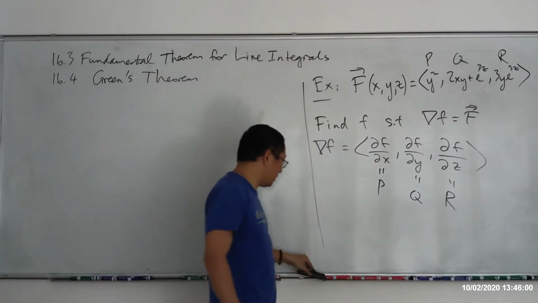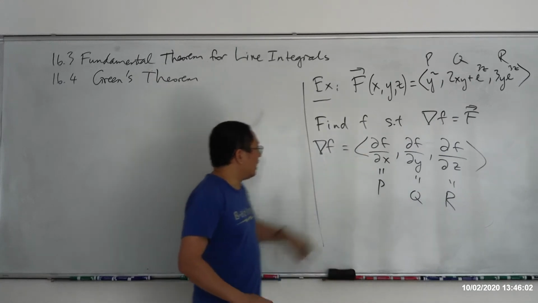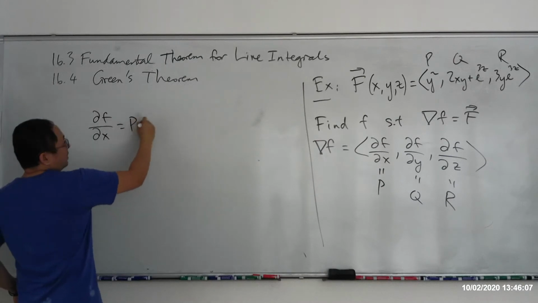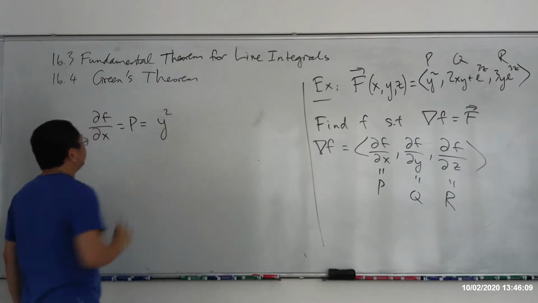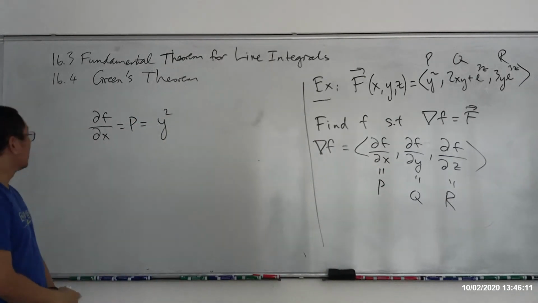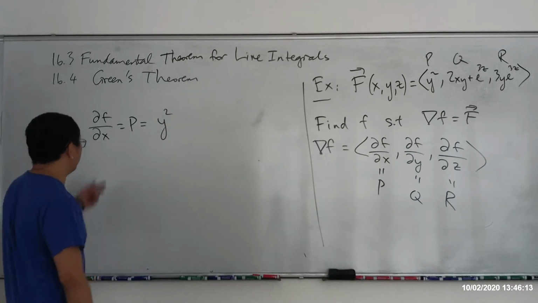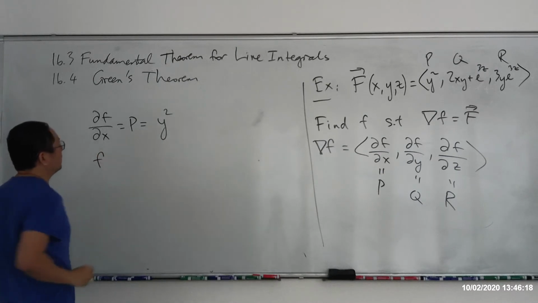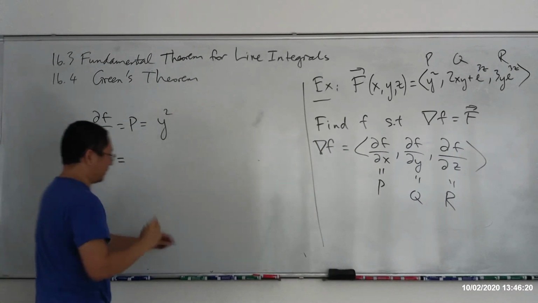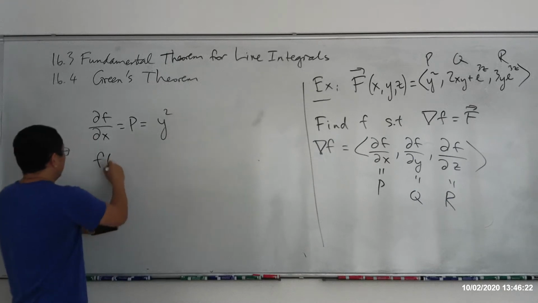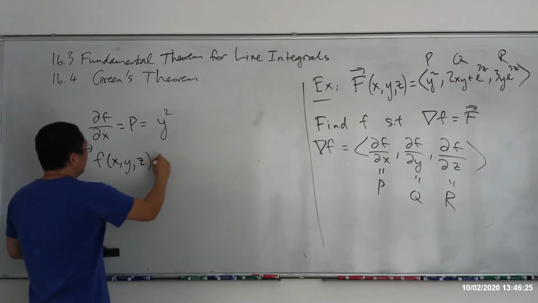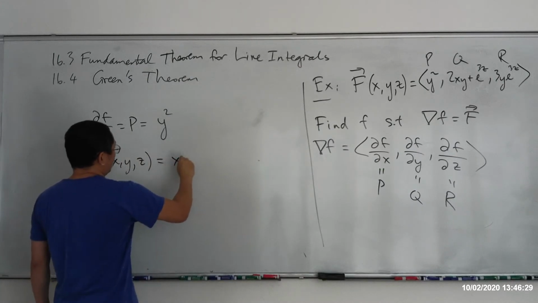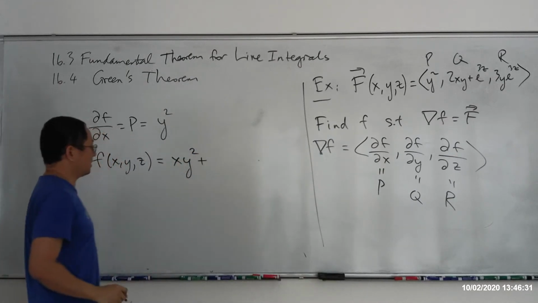So let's start with the first one. I got what? df over dx, which is p, which is equal to y squared. So partial derivative with respect to x equal to y squared. So the function f gotta be of the form f of x, y, z equal to x y squared plus a constant.